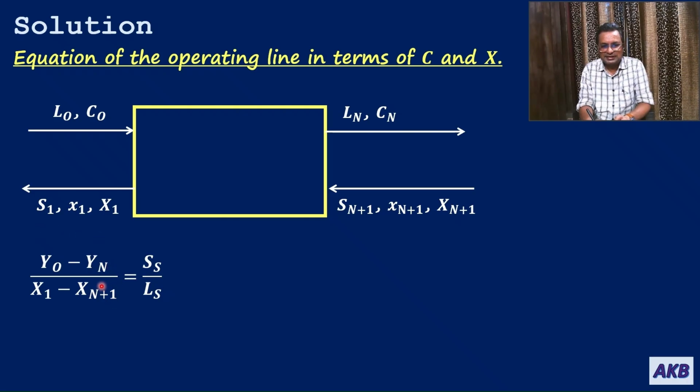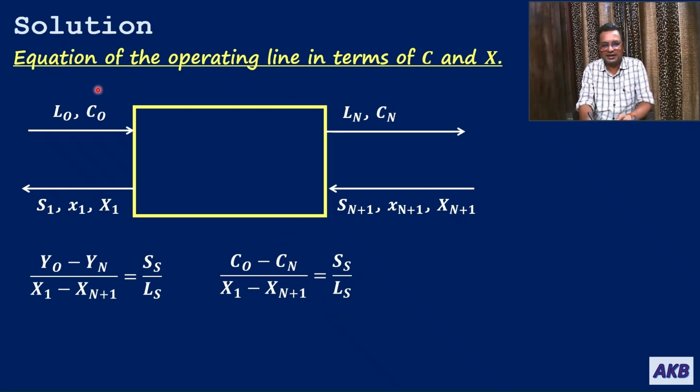So that means in this case, how is the equation going to change? All the Y's in the equation will be replaced with C's. That is the difference. So the equation now will be written as C0 minus Cn divided by X1 minus Xn plus 1, that is equal to Ss upon Ls.